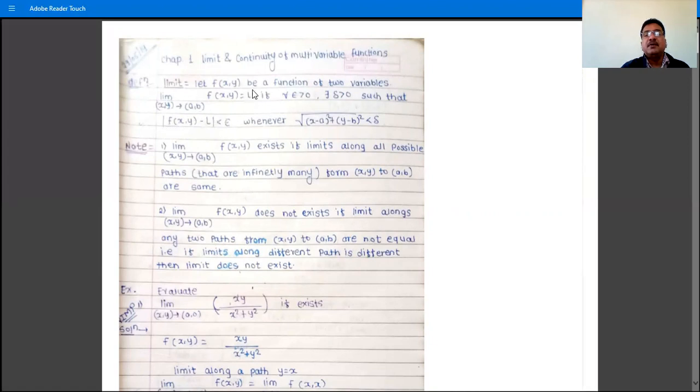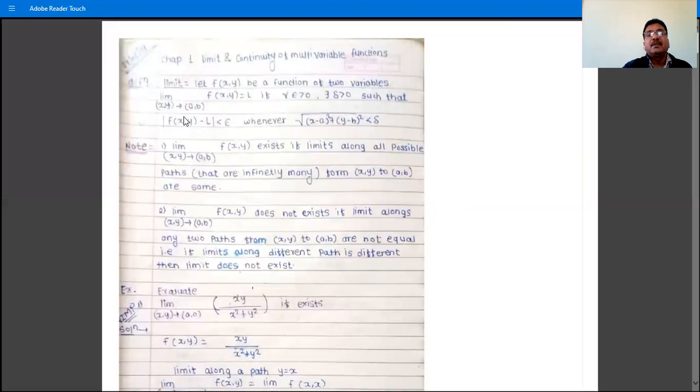Now the answer in the problem is, consider this answer as 0. So the limit as (x,y) tends to (0,0): here (a,b) is (0,0), and f(x,y) is equal to 0 when mod f(x,y) minus 0 is less than epsilon, whenever root of (x minus 0) square plus (y minus 0) square, that is root x square plus y square, is less than delta.